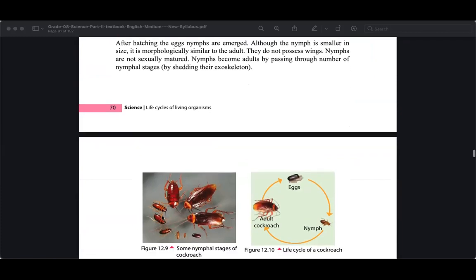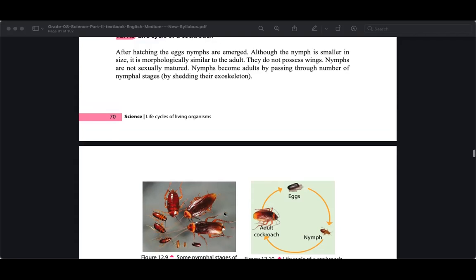Sometimes they are flying, but their activity is basically slower than the adult. But morphologically, both have the same features.